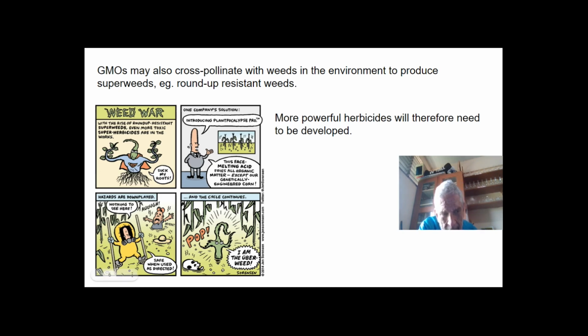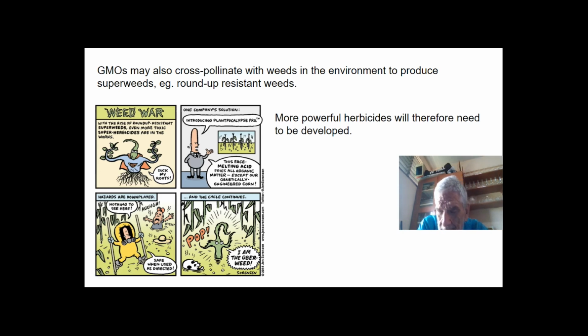And you'll see the chemical company inspecting the field, making very sure that he has absolutely no physical contact with the ground, and saying there's nothing to worry about. While in fact the farmer is perishing and ends up as a skeleton, and you have the uber weed.